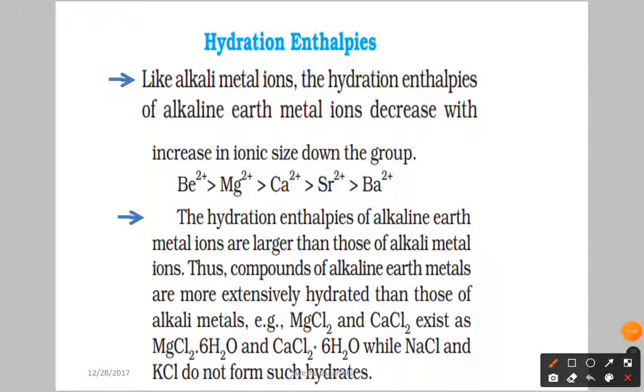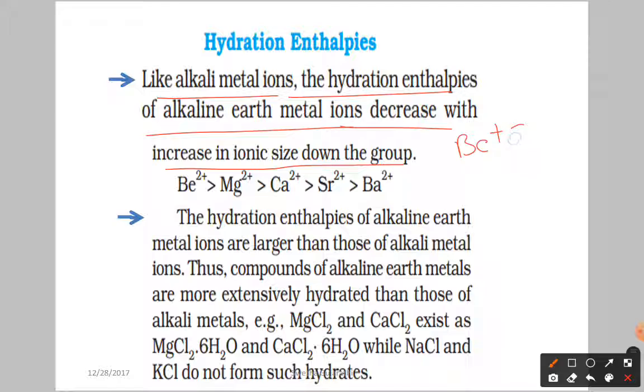Now hydration enthalpy. We already discussed that, like alkali metal ions, the hydration enthalpy of alkaline earth metal ions decreases with increase in size down the group. Here we have the ions beryllium +2, Mg +2, calcium +2, strontium +2.